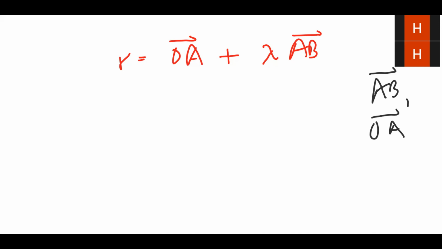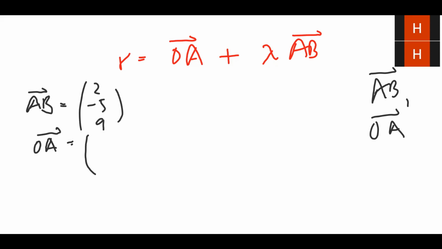So in this case, I have my AB as 2, minus 5, and 9. Then I have my OA as 3, 2, and minus 1. However, I haven't found out the magnitude of AB, which would come out to be under root.